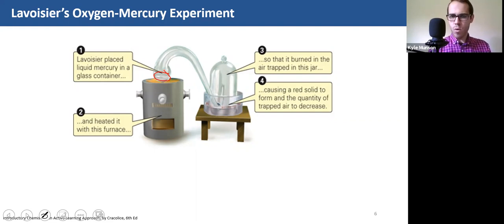And it formed this red solid. You can't really see maybe in the picture, but there's this red solid that formed in the jar. And what he found was that the red solid weighed more than the original mercury, similar to the phosphorus experiment. And also the amount of air inside the jar decreased, similar to the balloon.